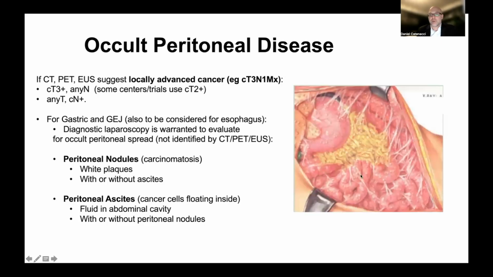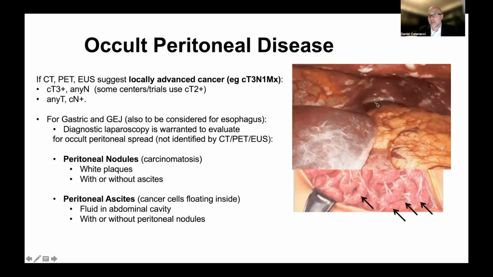An example on this schematic cartoon is within the belly cavity. As the surgeon, this is a full open incision. They would be using small holes and looking with a camera for a diagnostic laparoscopy, as I mentioned earlier. Each of those little white spots that you see throughout this abdomen, in this case diffuse peritoneal spread, would be consistent with carcinomatosis.